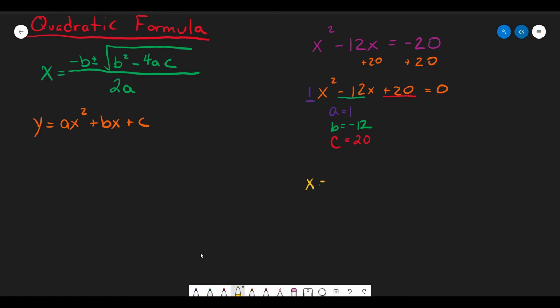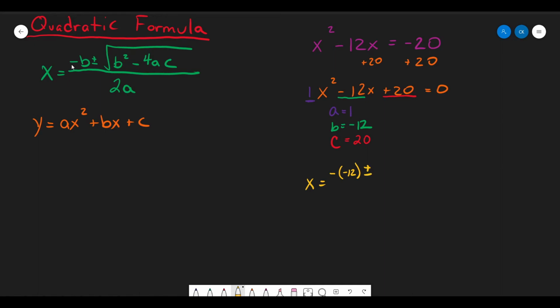x equals negative b. Now b is already negative 12, so technically it's going to be a negative 12, because it does say negative b. B is negative 12, so negative b is negative 12. Then I'm going to put plus or minus.